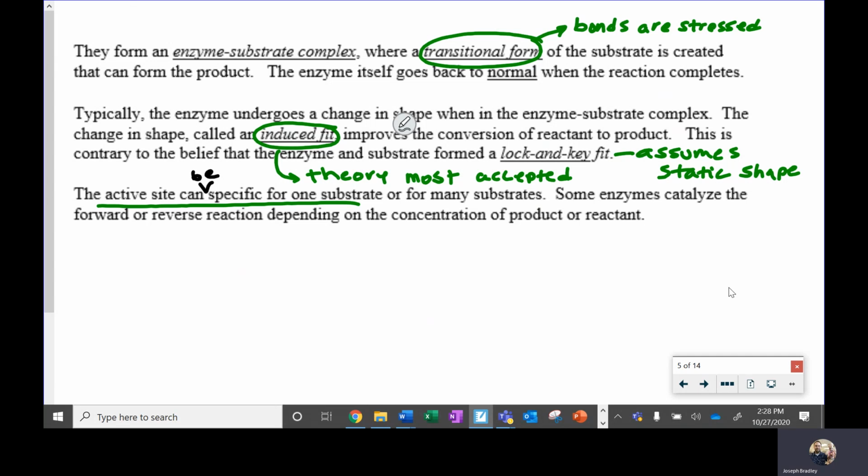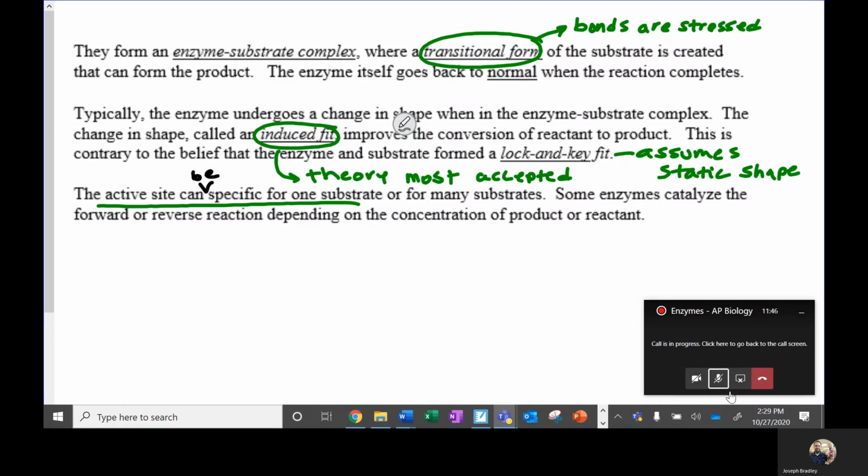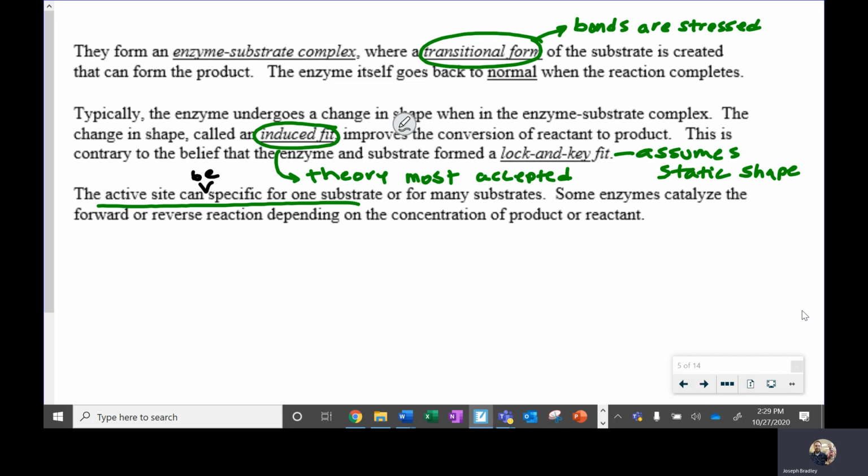The lock and key theory of how an enzyme works assumes a static shape, but once we've been able to view proteins actually in nature, we've been able to see that they are moving around, wobbling. So the active site can be specific for one substrate or many substrates.